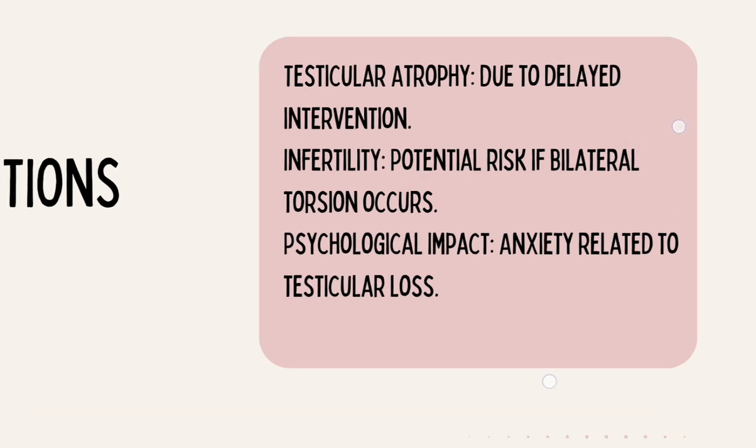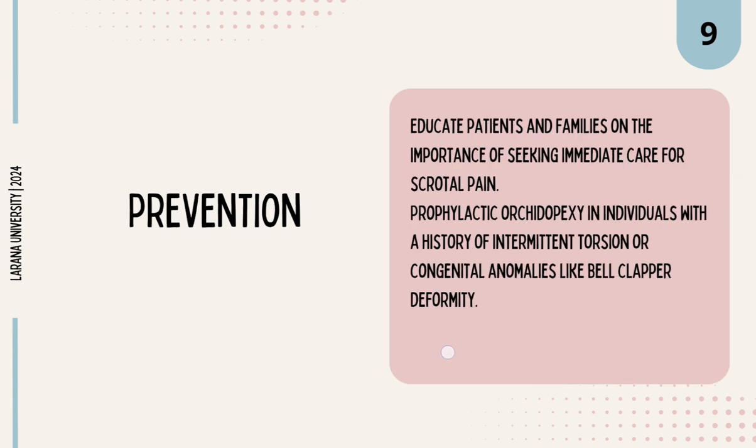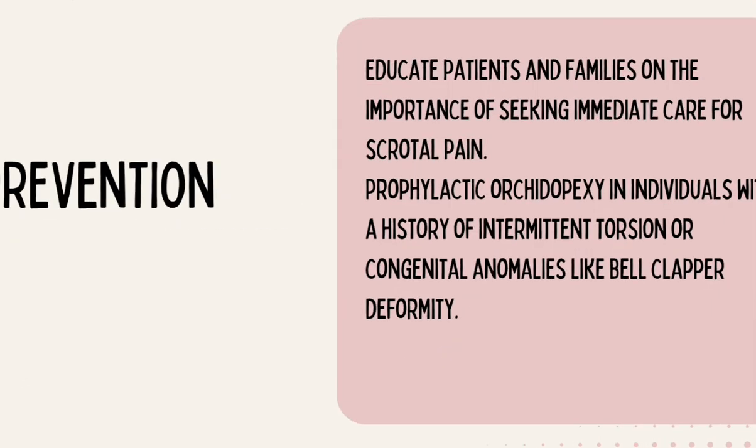Next is how to prevent. Educate the patient and family on the importance of seeking immediate care for scrotal pain, and perform prophylactic orchidopexy in individuals with a history of intermittent torsion or congenital anomalies like bell clapper deformity.